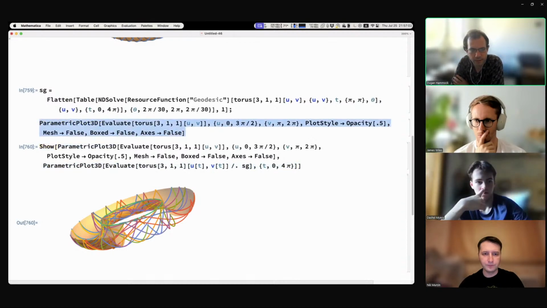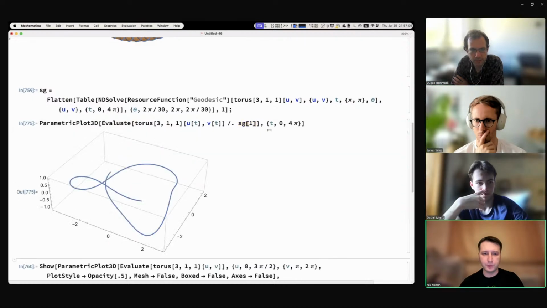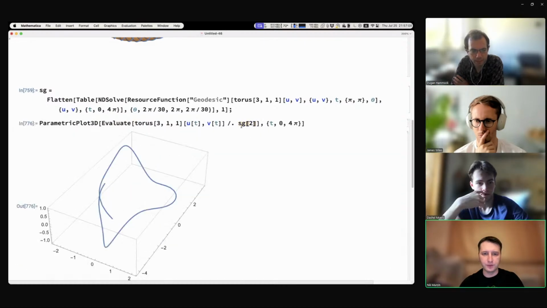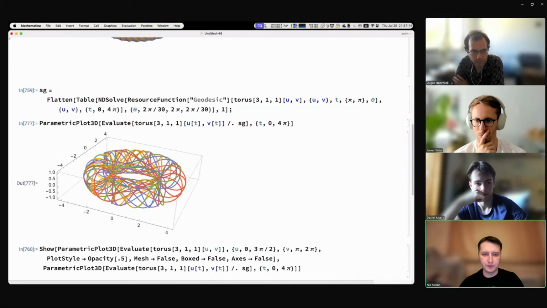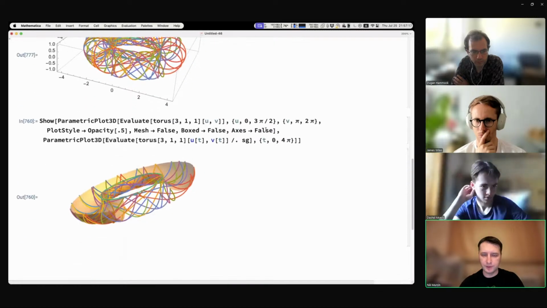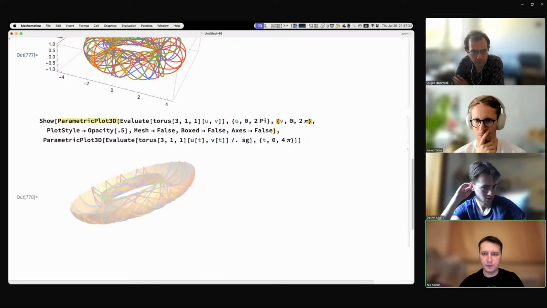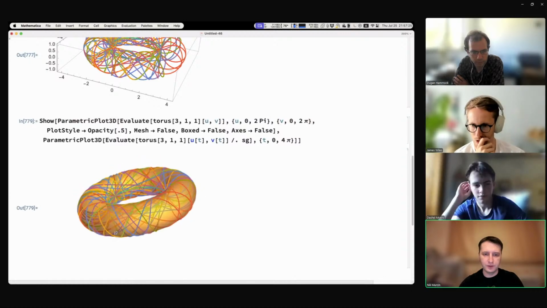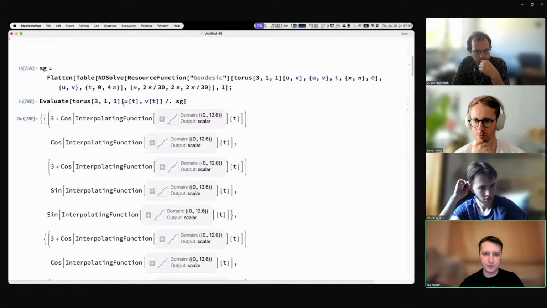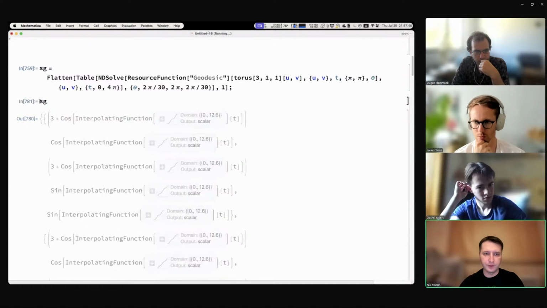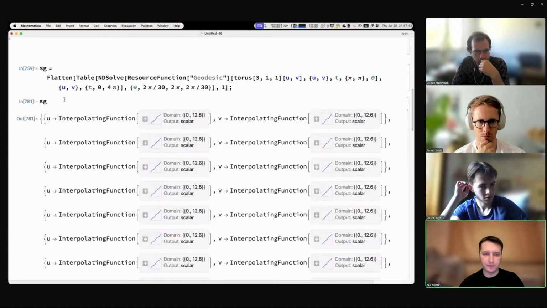Well, the first one, second one, and so on, by itself. Oh, wow. This is your curves, the different curves.